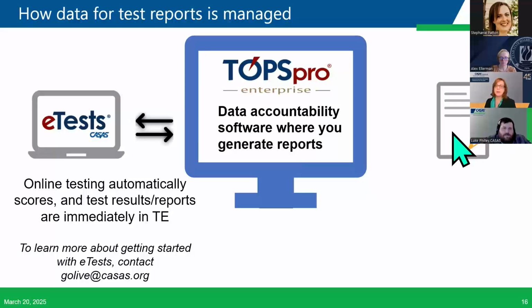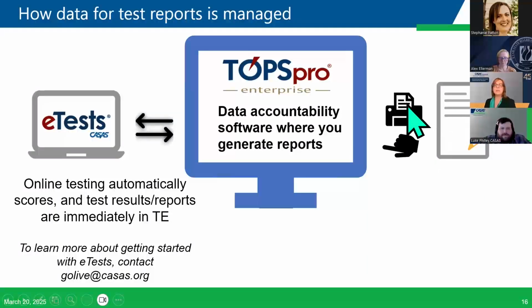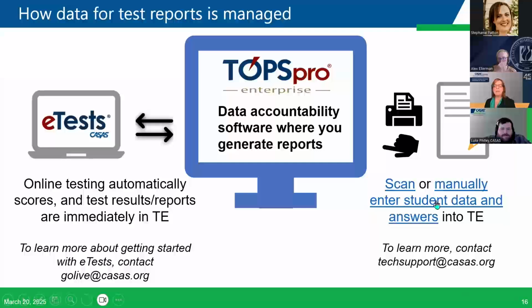We're not going to talk about that today, but it's important to know it can happen, and it does happen. With paper testing, you will either need to scan or manually enter. Hopefully, you're not just a one finger manual entry person, but you can manually enter. And we have some help documentation, and we'll look at that toward the end if we have time.